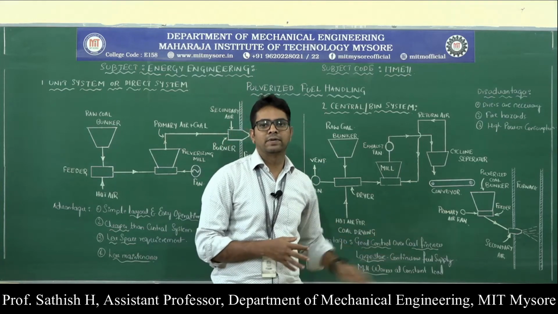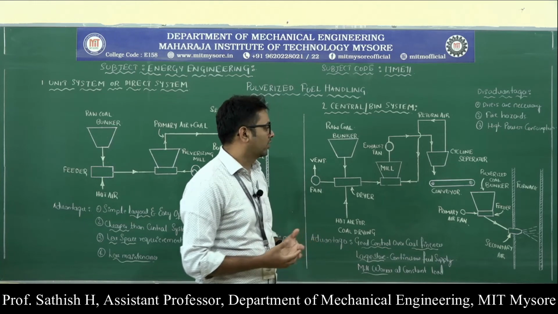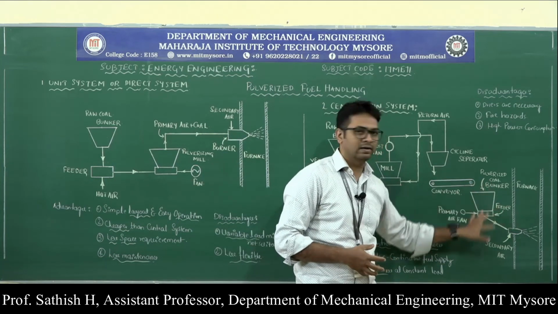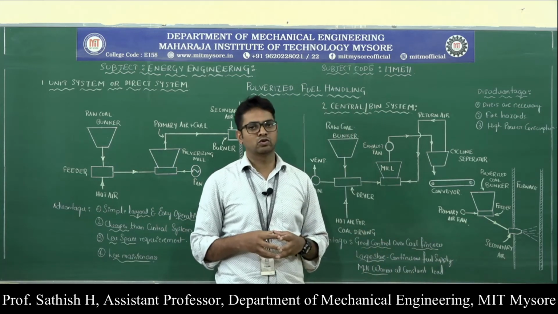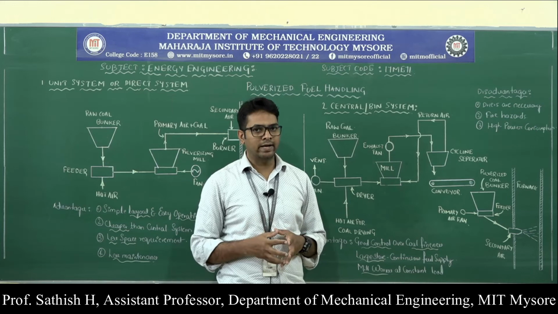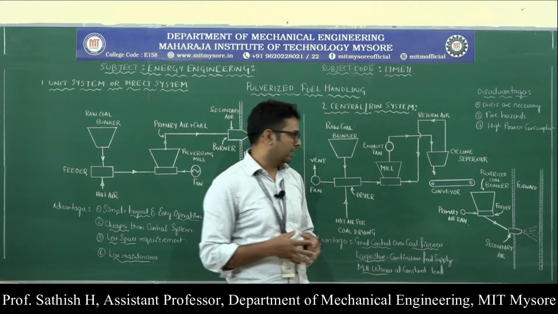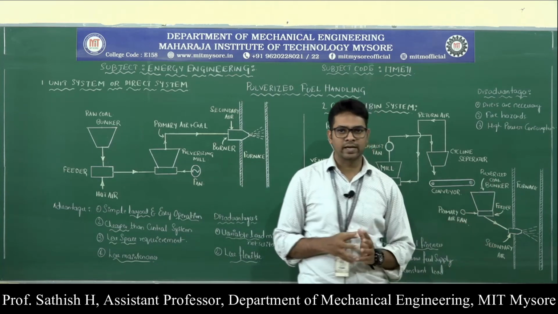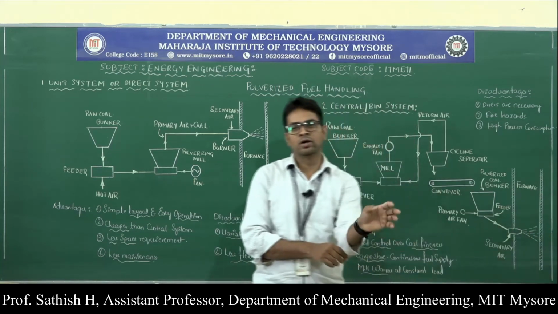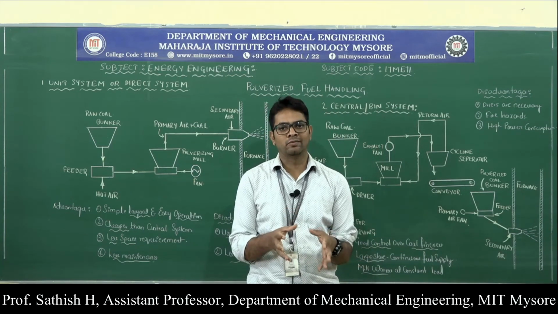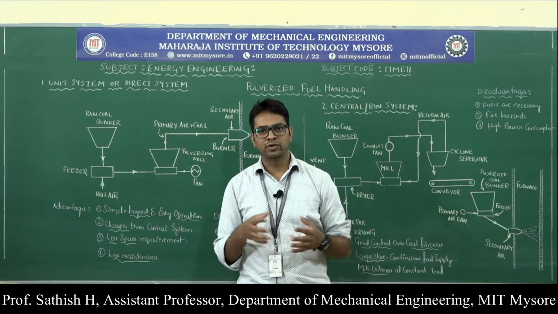How this central or bin system is different from the unit system is that we have a central bin. This is the pulverized coal bunker, which we didn't see there, and it stores pulverized coal in a certain quantity. What is the use of that? When the load is varying at the furnace, sometimes you need less coal entering the burner, and sometimes the load is more and you need more coal.